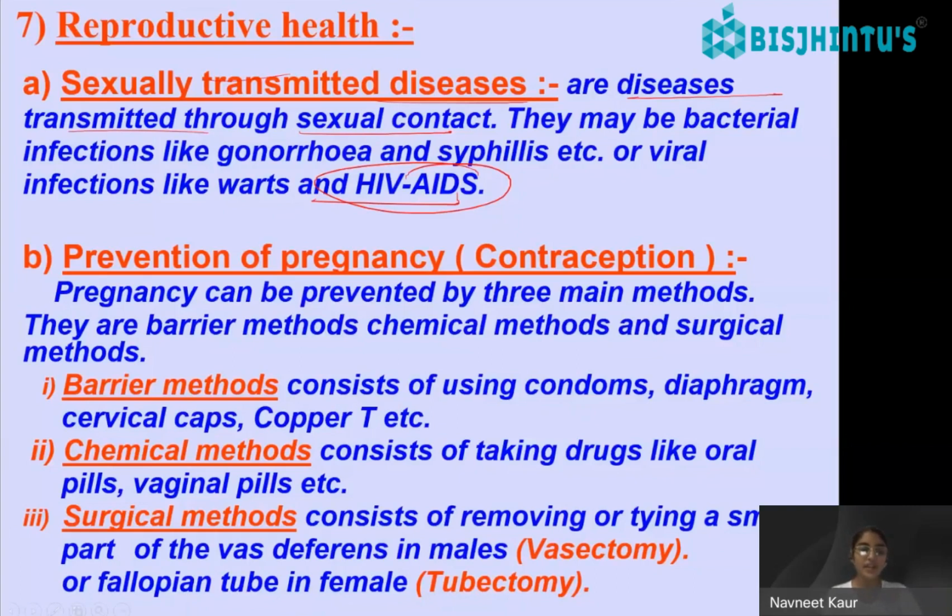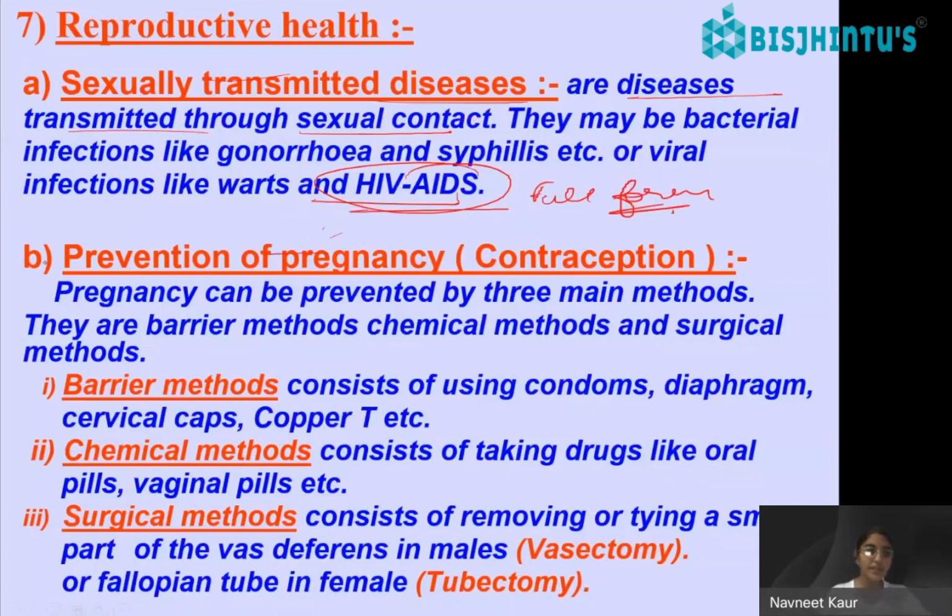And HIV is human immunodeficiency virus. So the full form can be asked to you. That is why I have emphasized this more here. The full form can be asked for 1 mark. So sexually transmitted diseases are those diseases which are transmitted through sexual contact, and examples are HIV and AIDS.